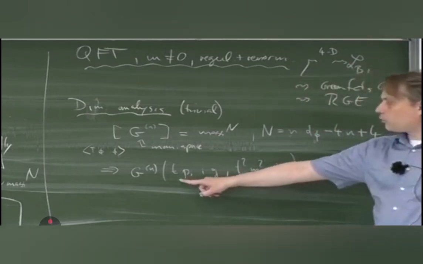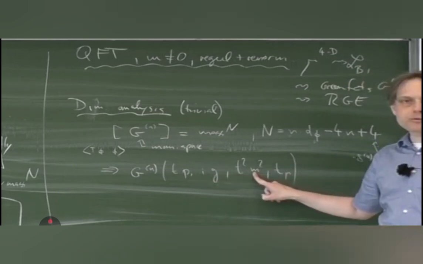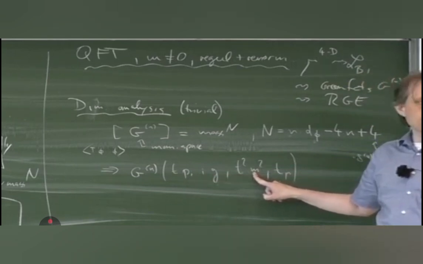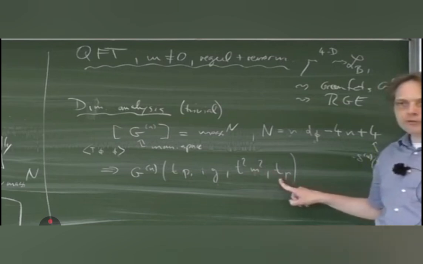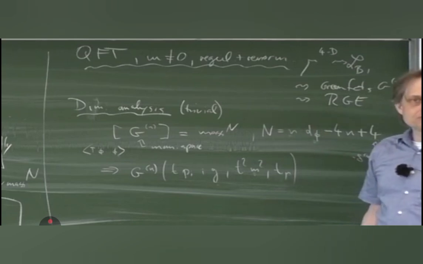So the Green function depends on physical momentum, it depends on the coupling constant, it depends on the mass parameter, and it depends on the renormalization scale.